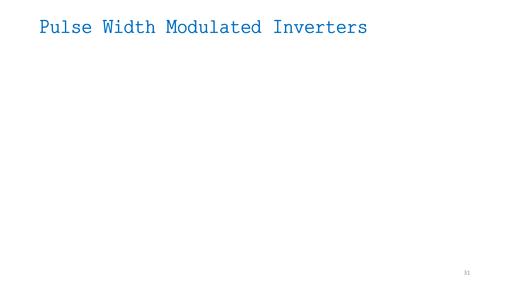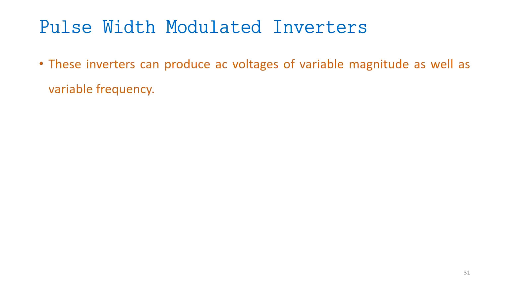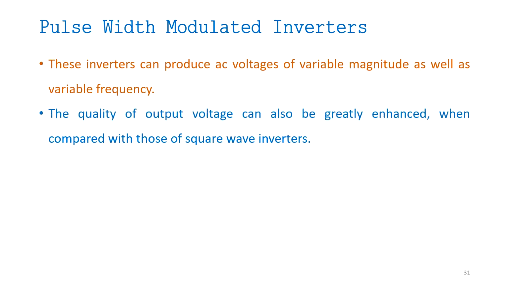Okay, let's see pulse width modulating inverters. These inverters can produce AC voltage of variable magnitude and variable frequency. That's great. We can work out both things, strength and frequency. And the quality of output can also be greatly enhanced compared with that of square wave inverters. Here we talk about the shape of your output.